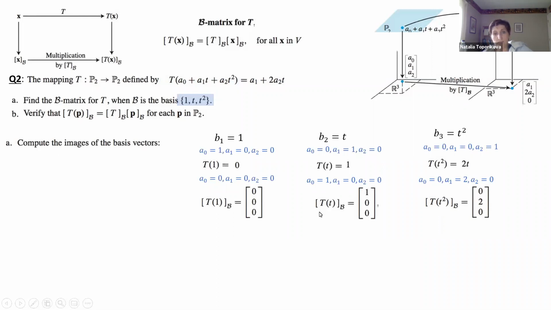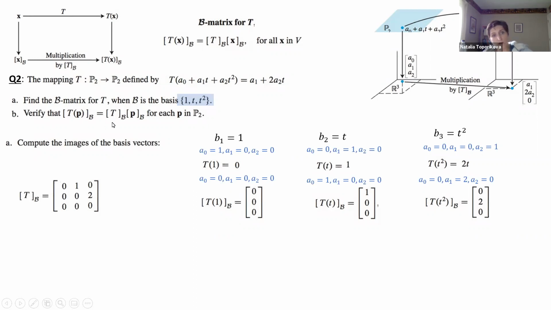So now we actually have our 3 basis vectors in the B coordinates, and we are done with our matrix. All we have to do to compile the B matrix is just put them row by row. First vector, zeros, second vector, 1, 0, 0, and then the third one. And we set them down.